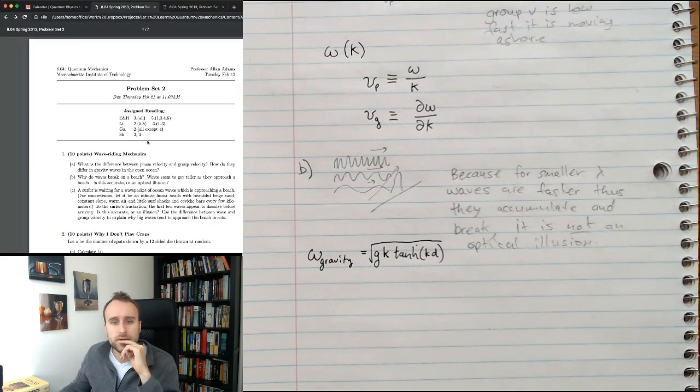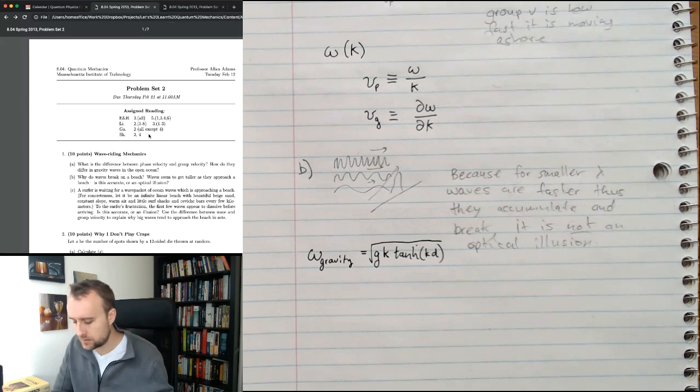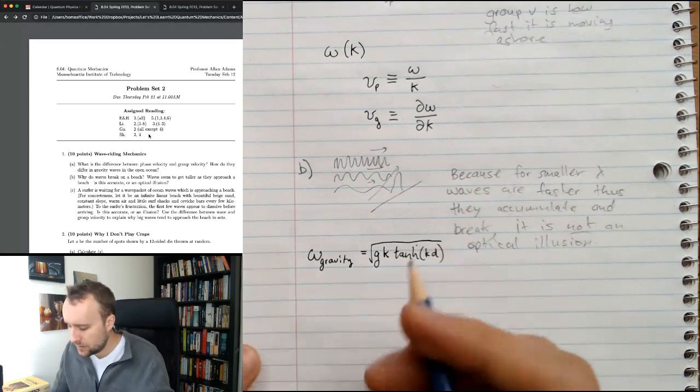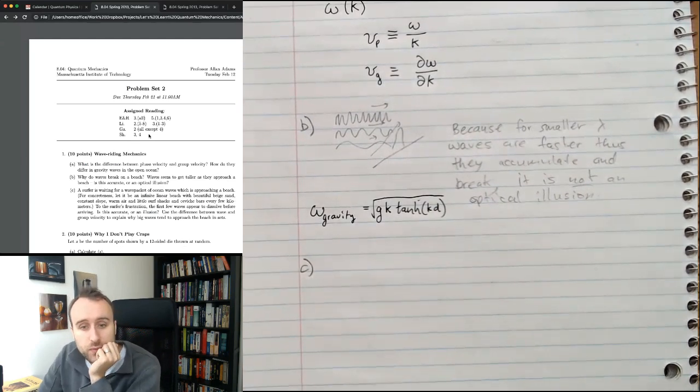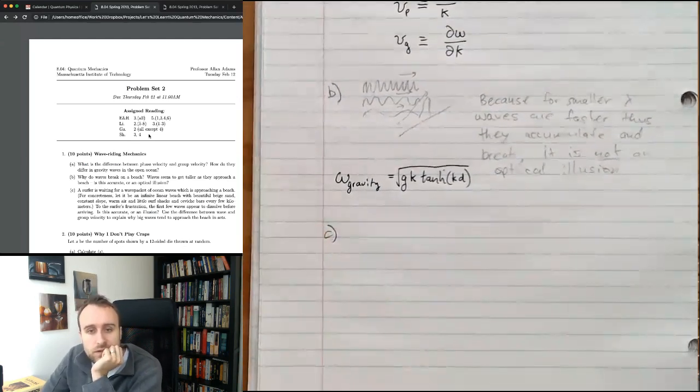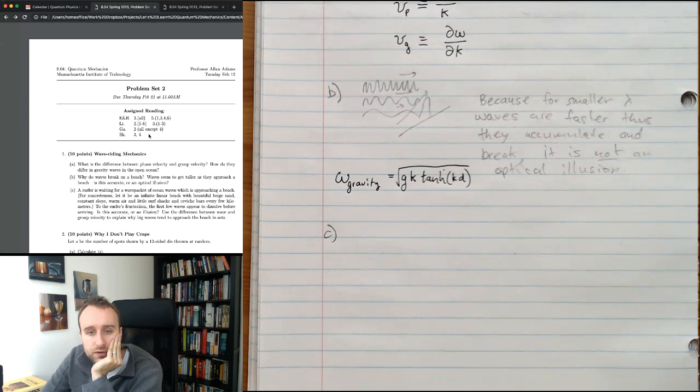All right, let's go back to our problem set. So, C, the surfer is waiting for a wave packet of ocean waves, which is approaching a beach. From concrete list, let it be an infinite linear beach with beautiful beige sand, constant slope, warm air, little surf shacks, and Fiji bars every few kilometers.